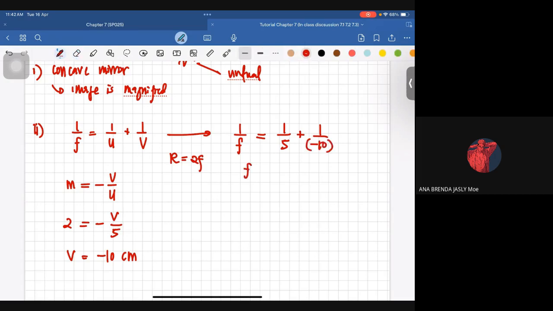So you will get the focal length to be equal to 10 centimeter. So the radius of curvature is double the focal length. So it's going to be 20 centimeter. Okay, boleh? Ada masalah?